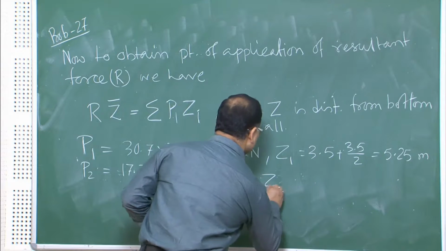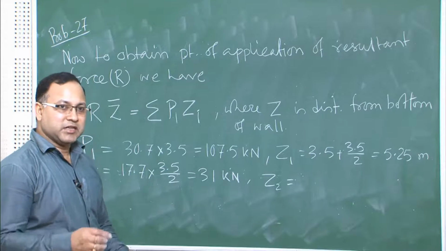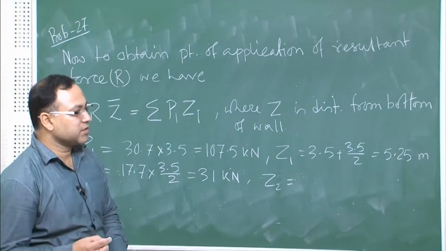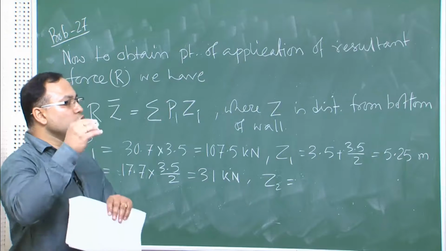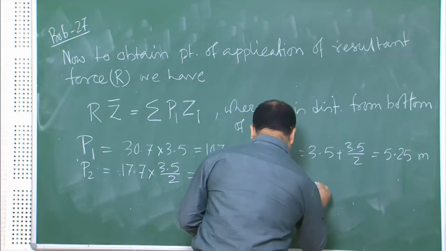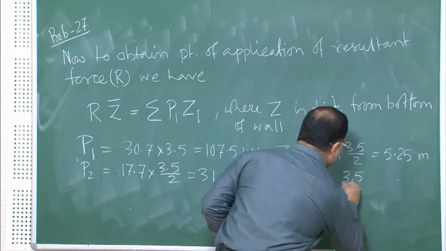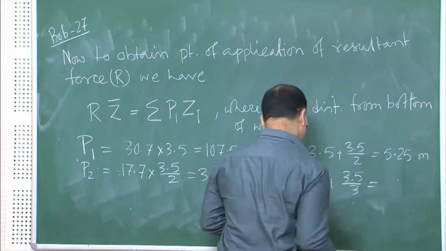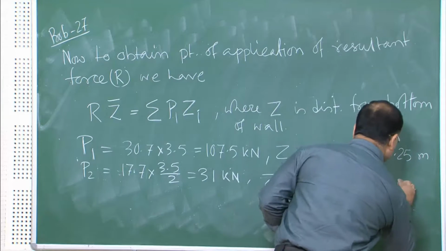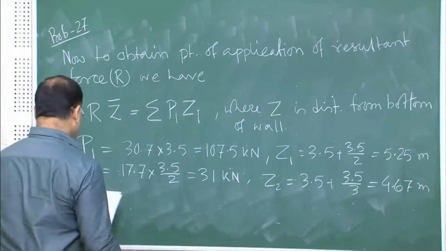And what will be Z2? Capital Z2 is the distance from the base of the wall to the point of application of P2. So, that is nothing but 3.5 plus 3.5 by 3. So, that comes as 4.67 meter.